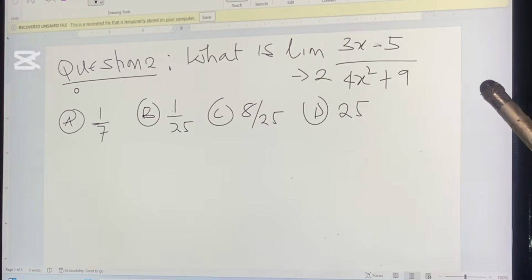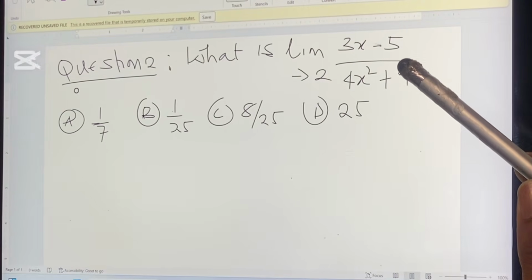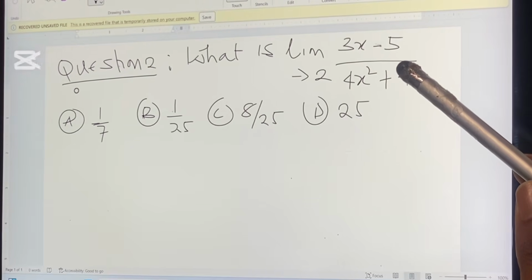So class, whenever I see any question on limits and the value of s tends to a number, the first method to use is the direct substitution method. Please take notes. Except if the limit of the function is in surd.